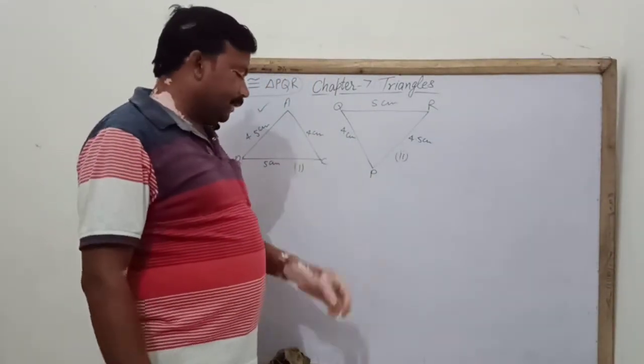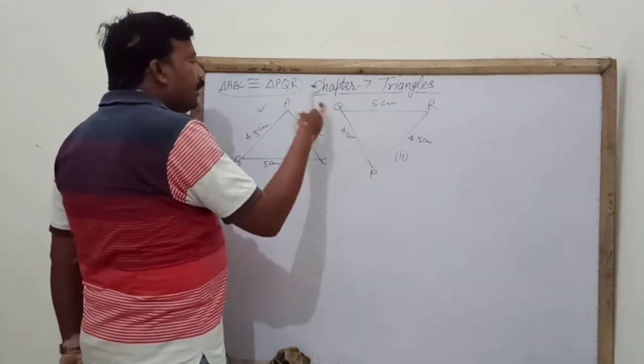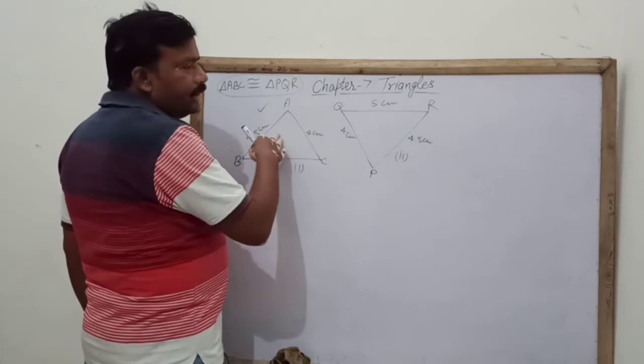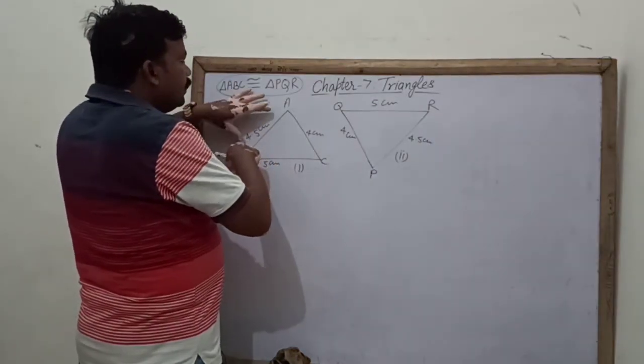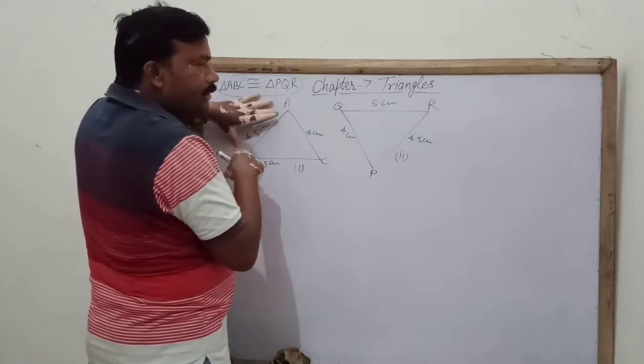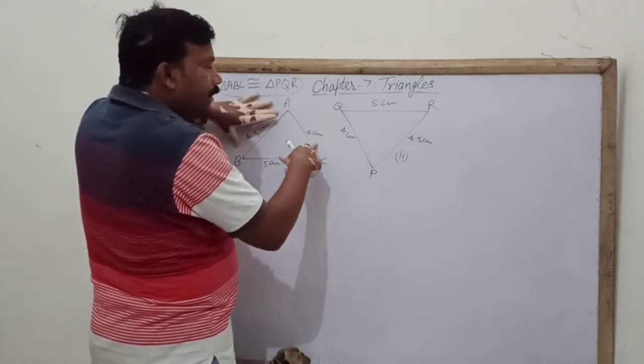If we put this triangle on this triangle, then this side will be on this side and this side will be on this side.